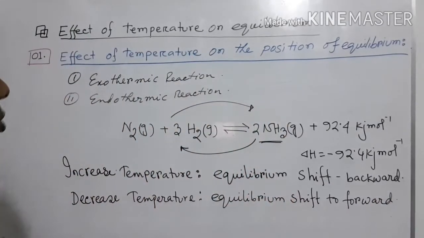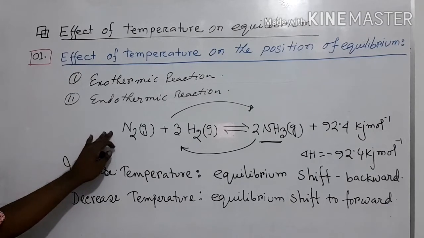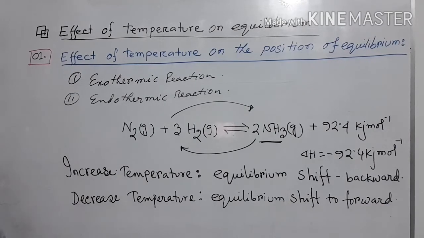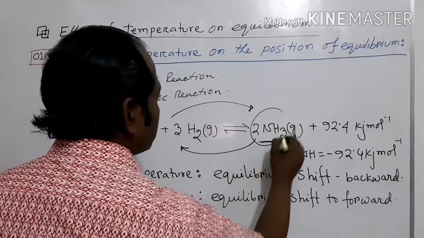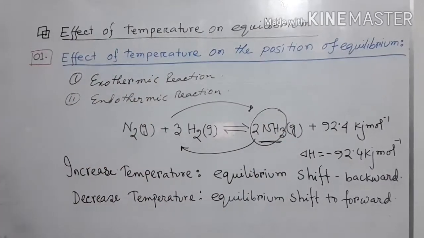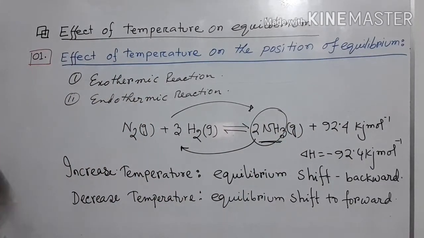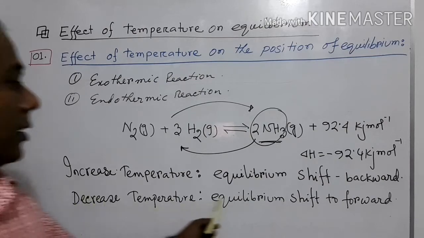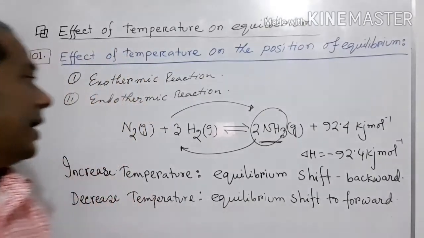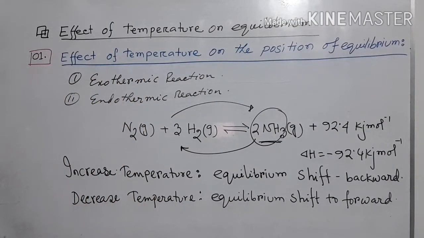That means for exothermic reaction, if we want maximum production, then we have to decrease temperature. And if we decrease temperature, then the reaction goes forward, and we get maximum product.